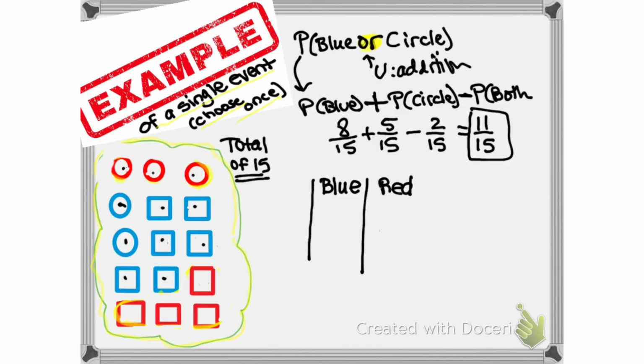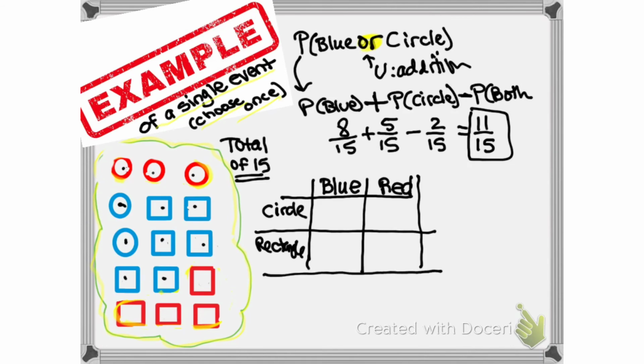The other thing you can do is to create a table like I'm doing here. The two choices are, well, you can get blue or you can get red, or you can get a circle or you can get a rectangle. These are the different options, and you can make a little table out of it. It would be good for you to know how to make this table because we use them a lot.